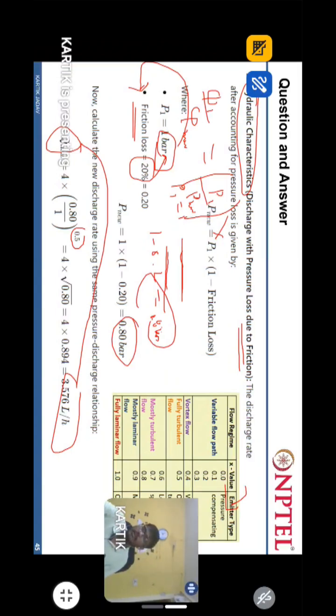If the value of the exponent is between 0 to 0.3, it means it is a pressure compensating type emitter.